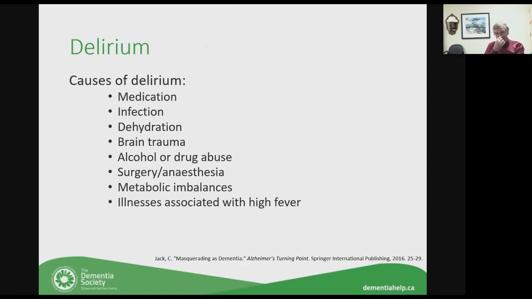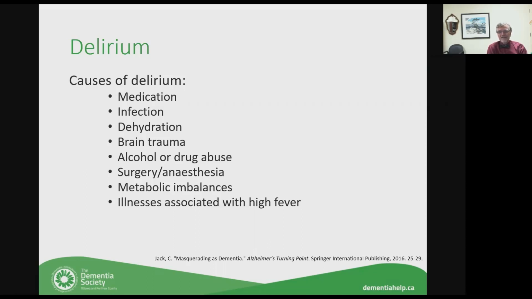So what can cause delirium? Well, medication can cause delirium. If we give you enough drugs that affect the brain in different ways, you won't be able to think clearly, you won't be able to speak clearly, so that can be medication-induced. Infection is a frequent cause of delirium. Dehydration, brain trauma, alcohol, right?